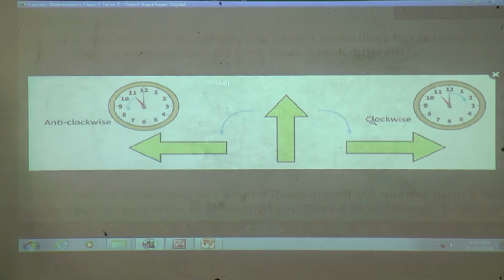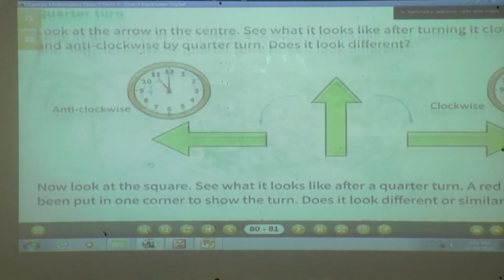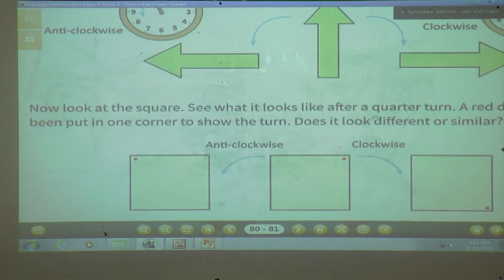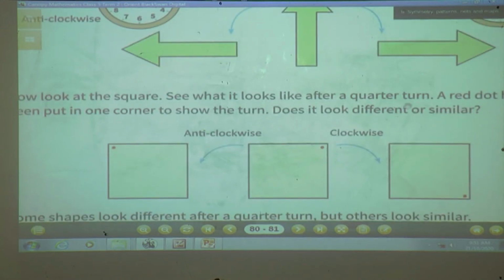So students, here in the textbook, look at the square. See what it looks like after a quarter turn. A red dot has been put in the corner to show the turn. Does it look different or similar? Of course it looks different.